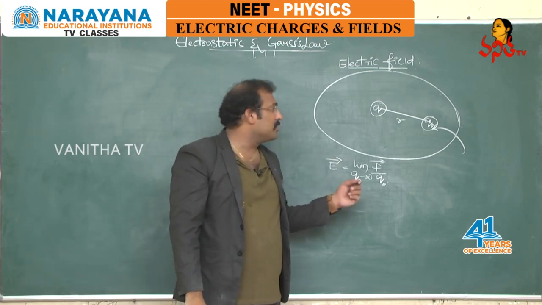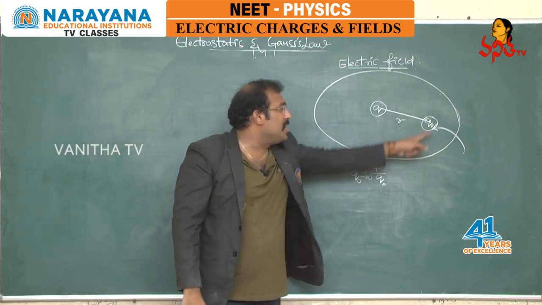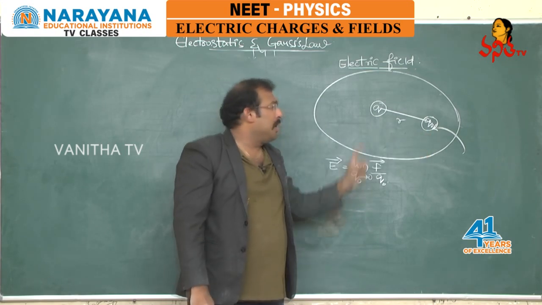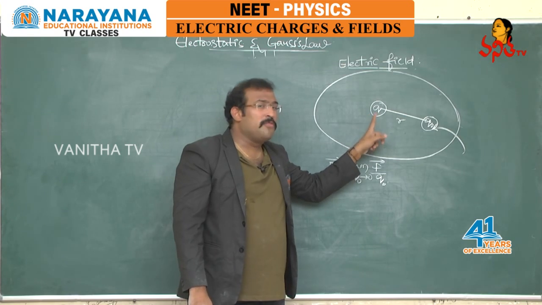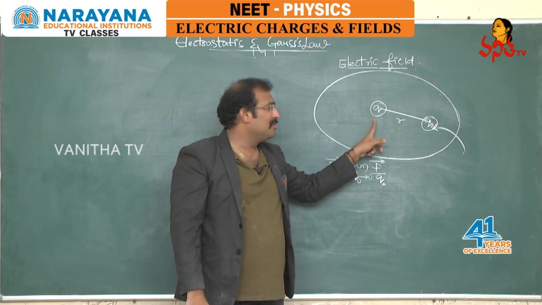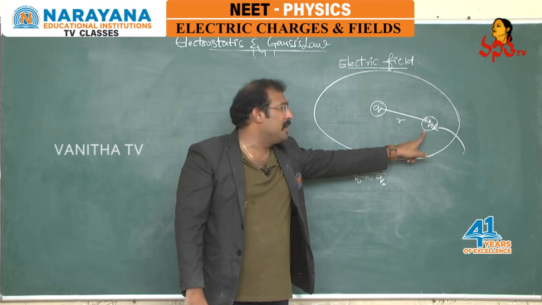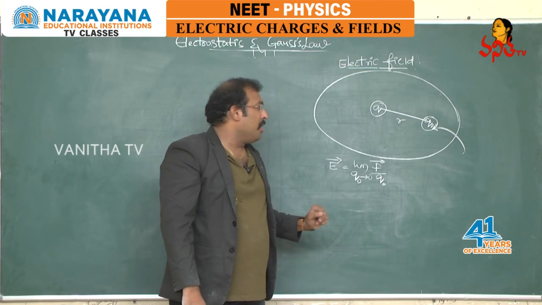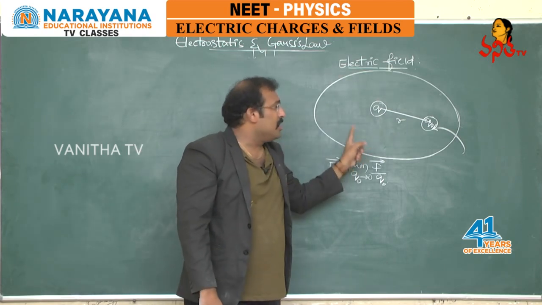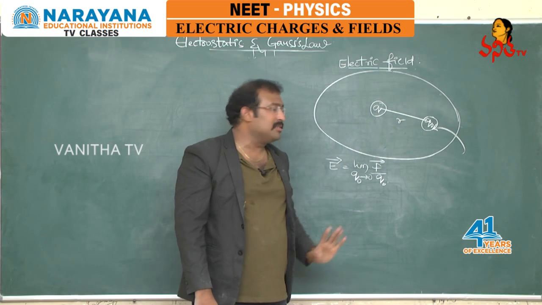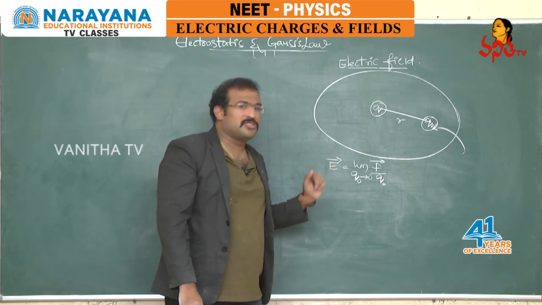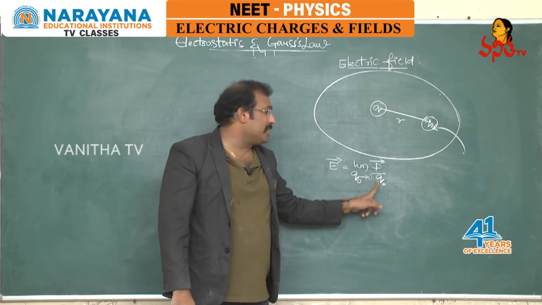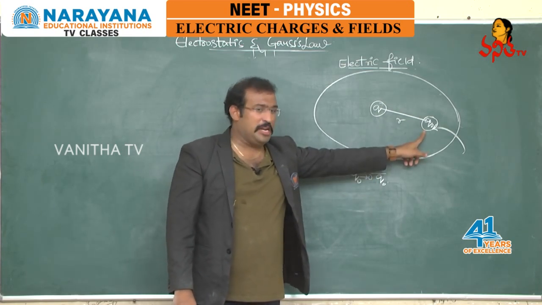Now once again I repeat, the strength of the field at a point is known as electric field strength. From here onwards, I'll call the one which produces the field the source charge, and the one which experiences the force due to that field a test charge. The magnitude of the field strength is the force experienced per unit test charge placed at a point in the field.